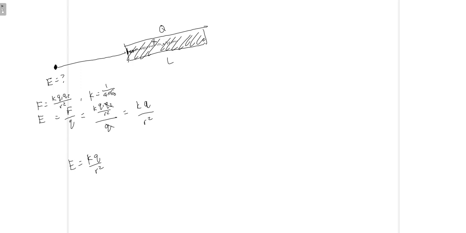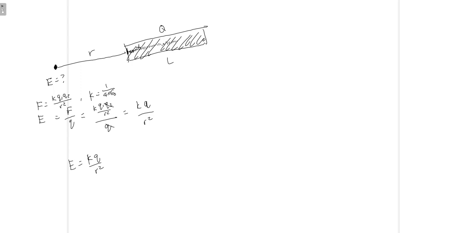And so in order to find the total electric field, we have to sum or integrate over all of these points. So let's say we have a distance r here.